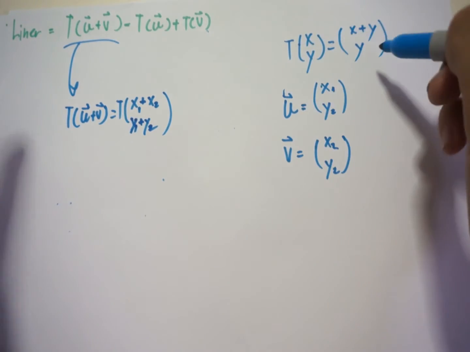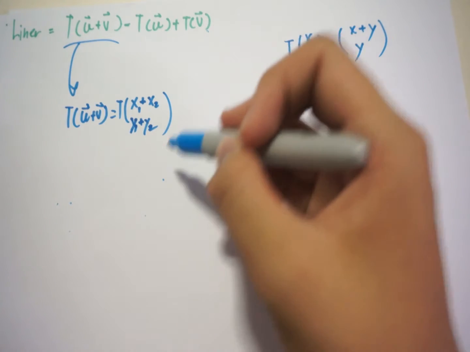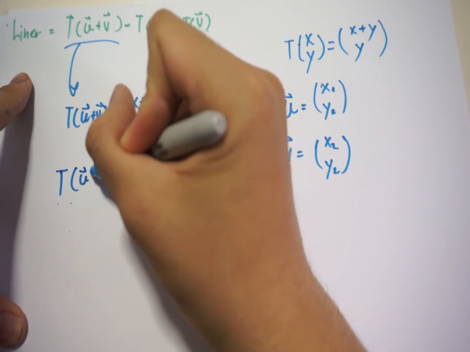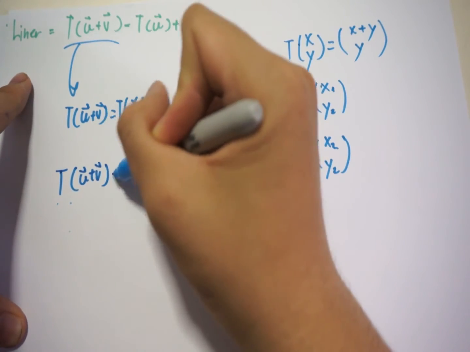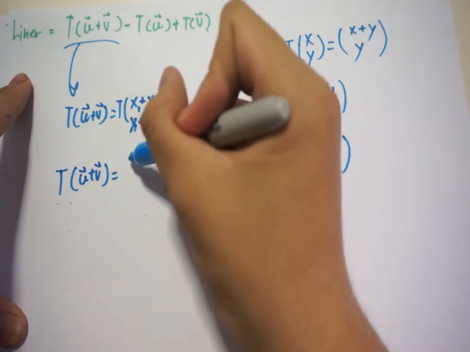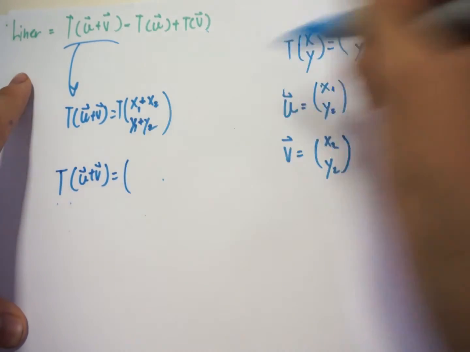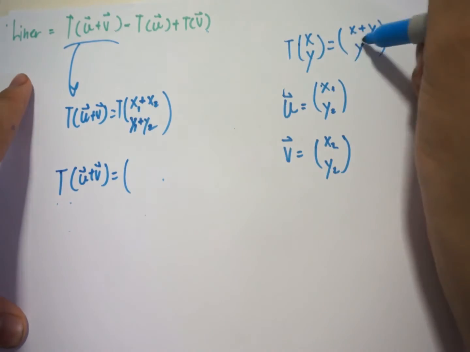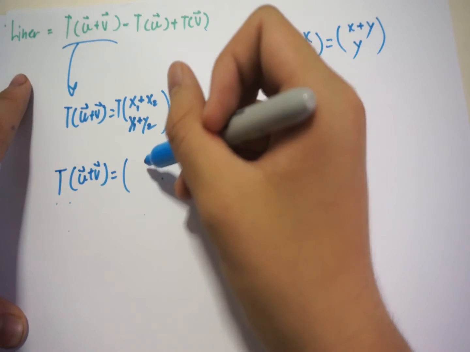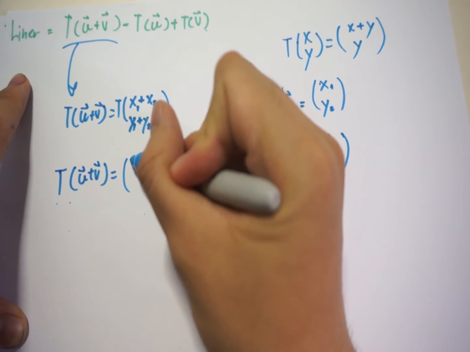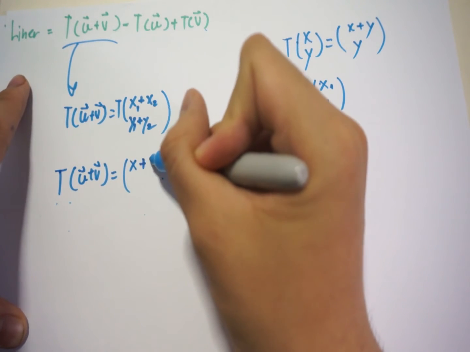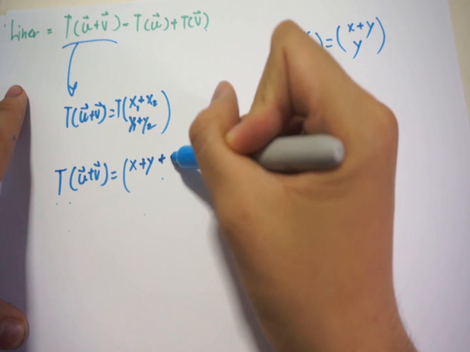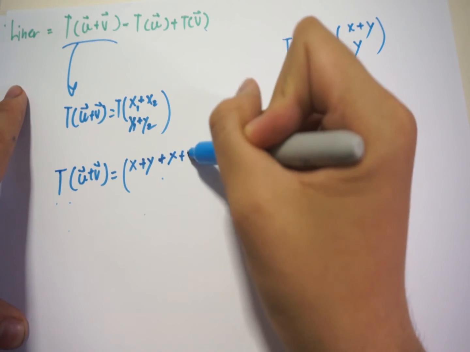Okay, now we have this. We're going to put this inside this formula. We're going to transform it. The x is this one and the y is this one, so we're going to put in x first. For the first x, we're going to have x plus y, and then x plus y.